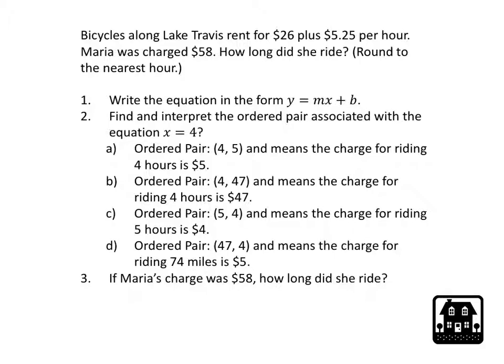So I'm going to move this up and over to the side and start with writing the equation in y equals mx plus b. Now we talked about fixed costs and changing costs, variable costs. Y is the total cost. X is the number of hours. M is the variable cost.